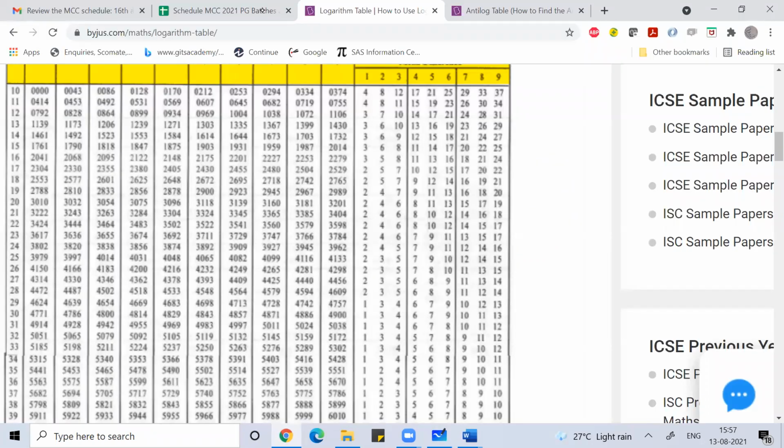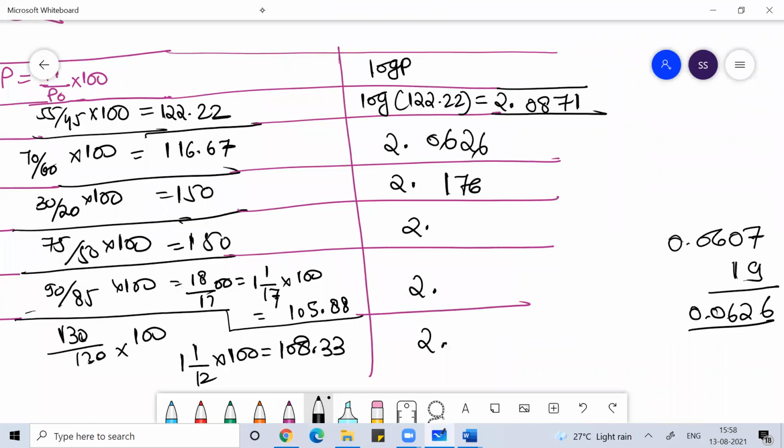Then 152.15, for 15 and 0 it is 0.1761, so 2.1761. Okay, learn how to use the log table.